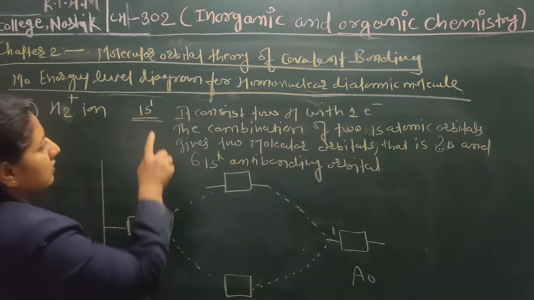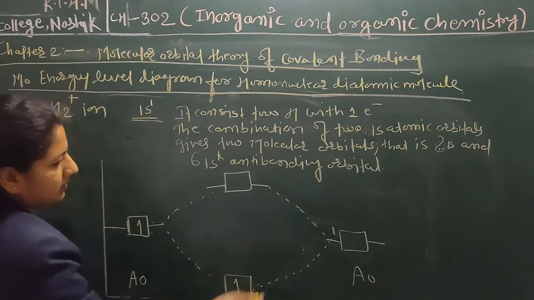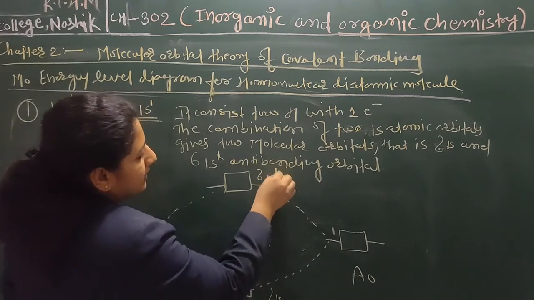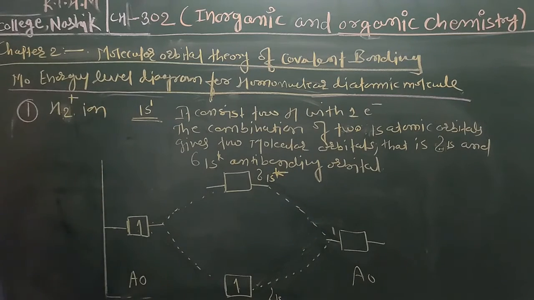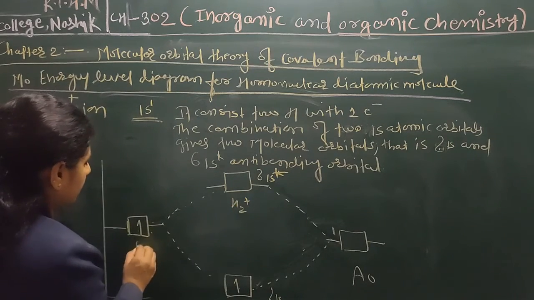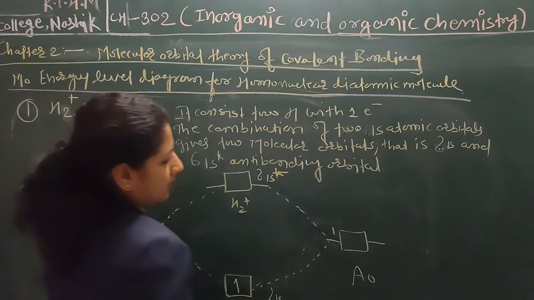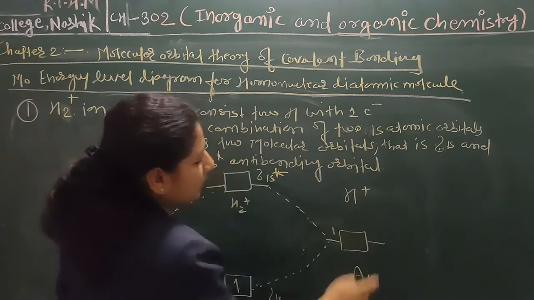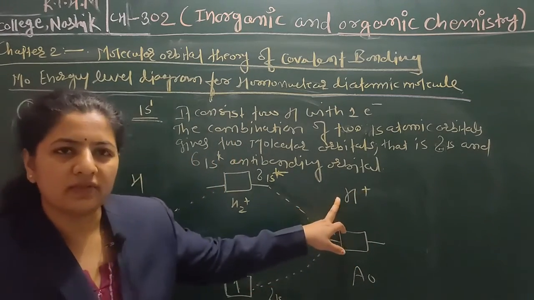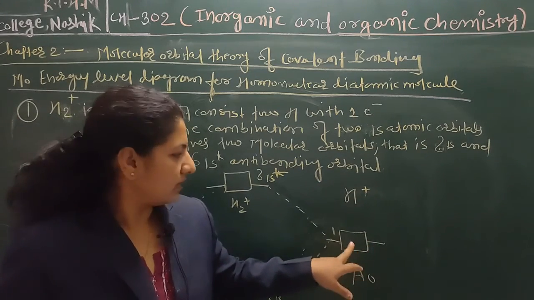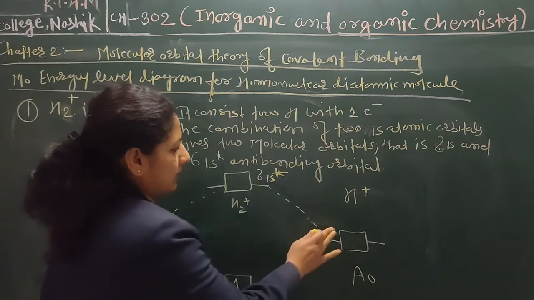There is one electron here. This is sigma 1s star, that is the antibonding molecular orbital. For H2 plus, 1s is for H and that is for H plus, so there will be no electron there, because hydrogen has one electron and the plus sign means minus one, so 1 minus 1 is 0.